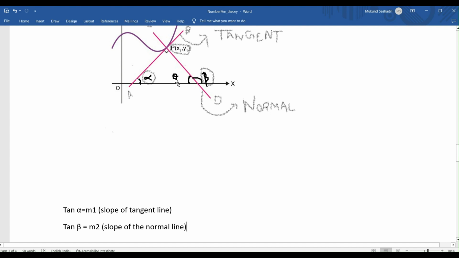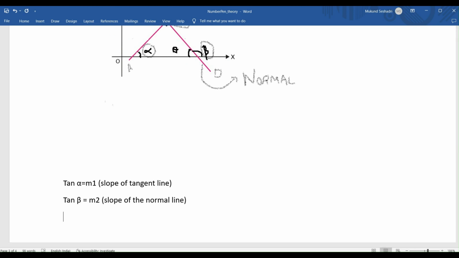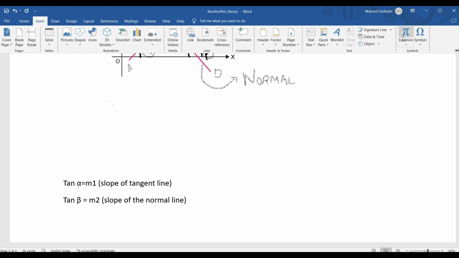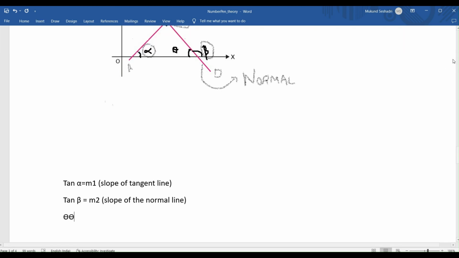We have another new angle called theta here, and theta plus beta is 180 degrees, which also means that beta is 180 degrees minus theta.